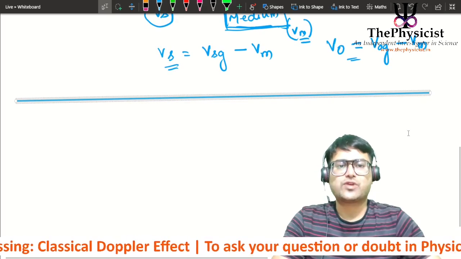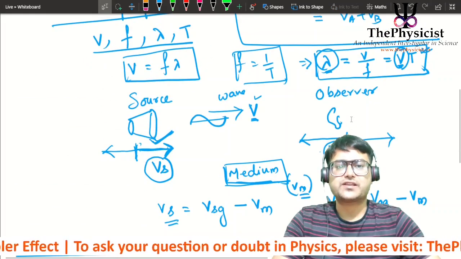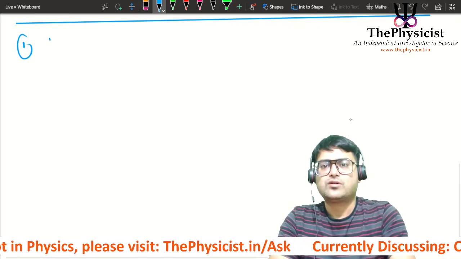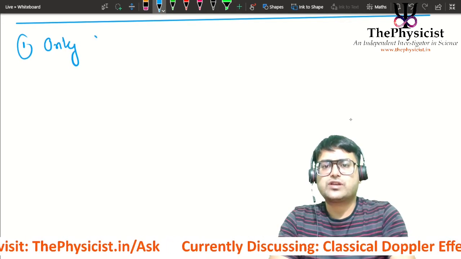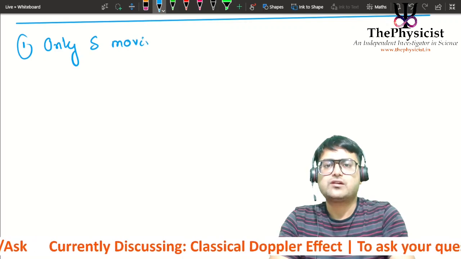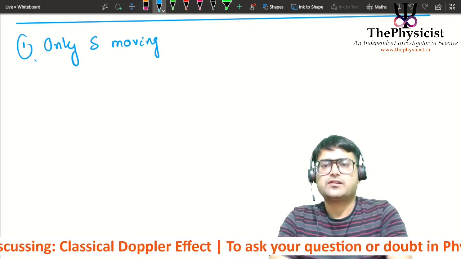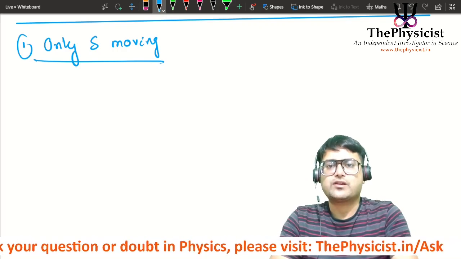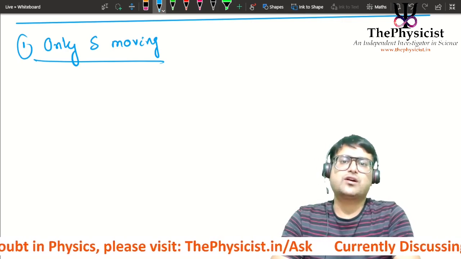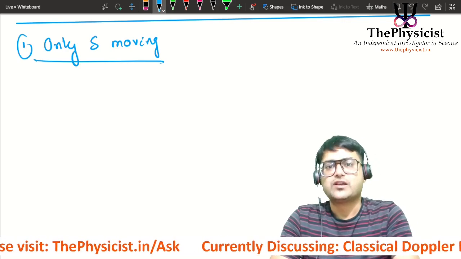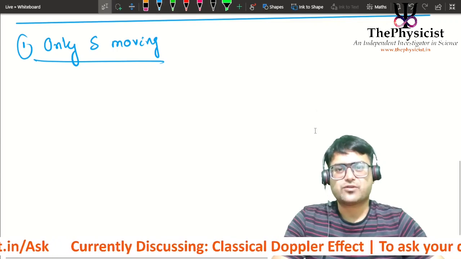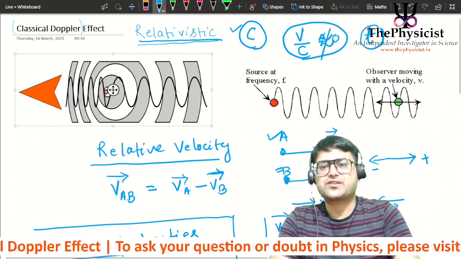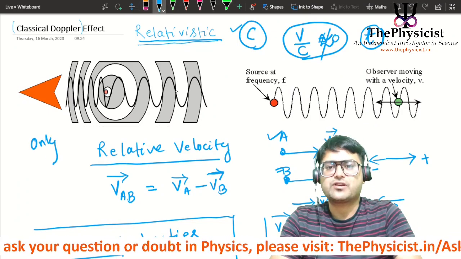First is only S moving, that is one case. Second would be only O moving, and third is both S and O moving. So let's discuss what happens when only S is moving. So here, this is the case of only S moving.